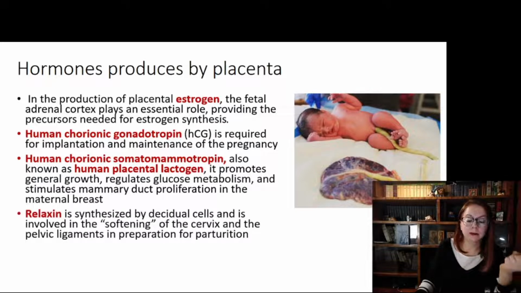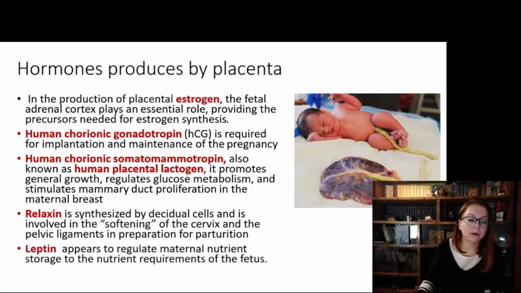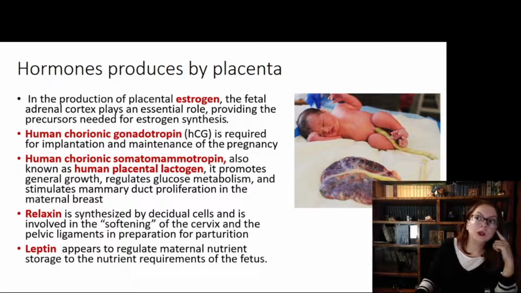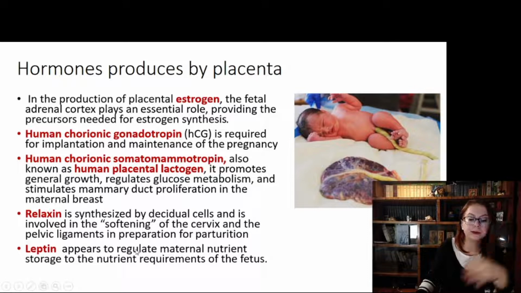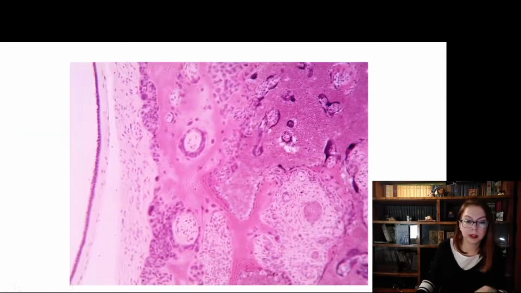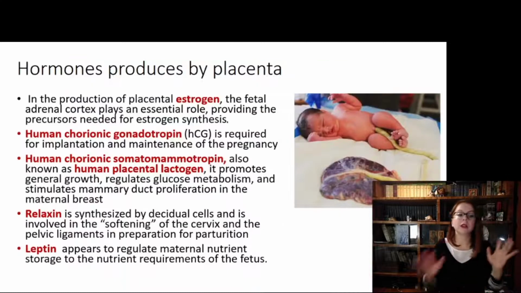Then human chorionic somatomammotropin, or human placental lactogen, is called lactogen or mammotropin because it stimulates mammary duct proliferation, so it prepares the mammary gland for future lactation. Then relaxin prepares the cervix for the delivery. Then leptin, you know, is also produced in adults, but during the fetal period of life it regulates the level of nutrient supply to the fetus. Okay, these are the general hormones.